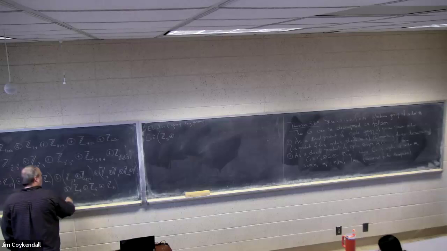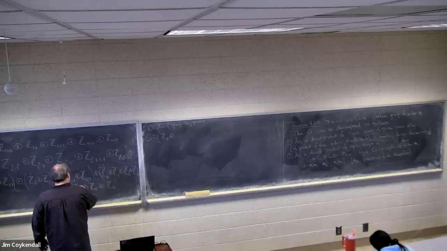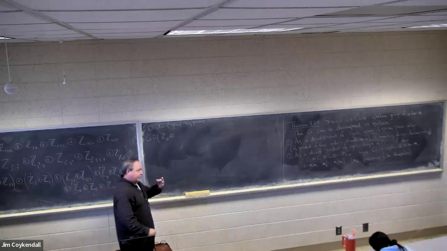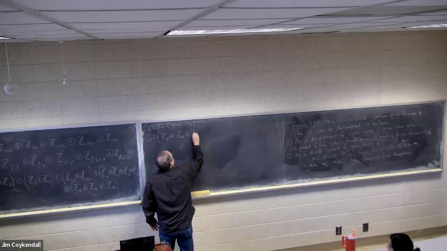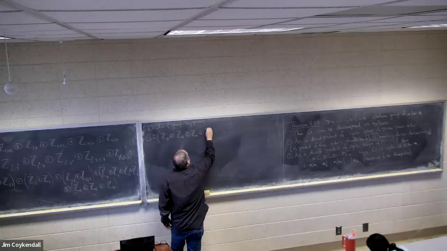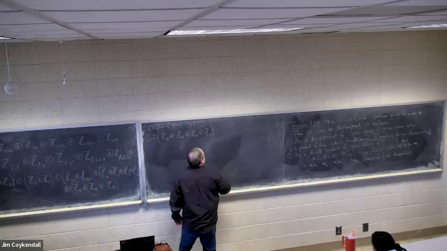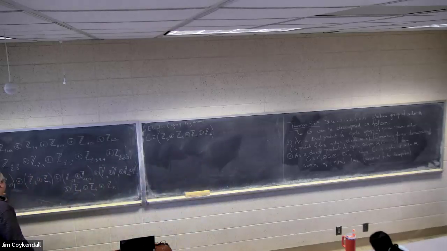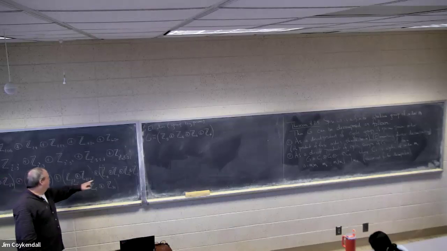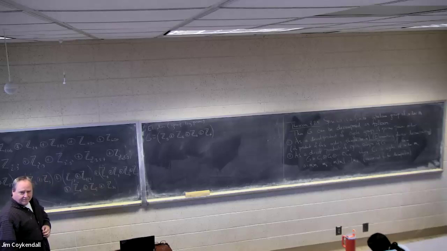I've got a Z4 and another Z4 and another Z4. So I had 3 of those. Everybody okay with that? All I'm doing is going through them, and I'm getting decreasing order, right? Z8, Z4.